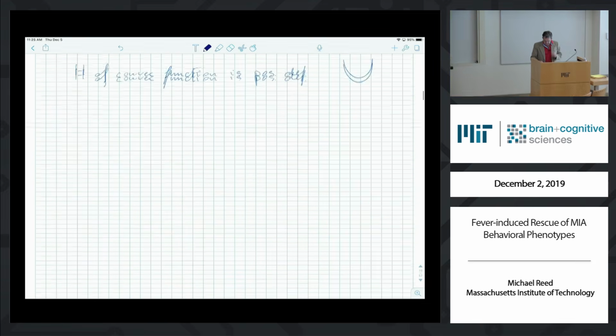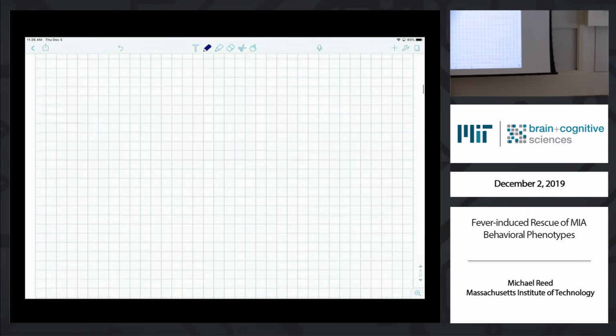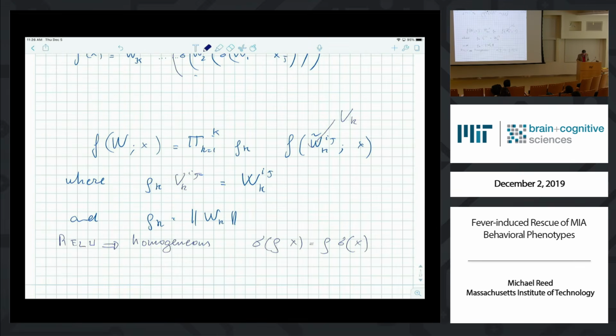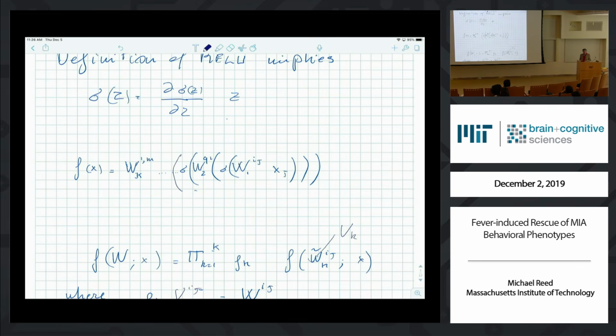Remember that f is this, and f tilde is equal to v^K, sigma, v^2, v^1_ij x_j.